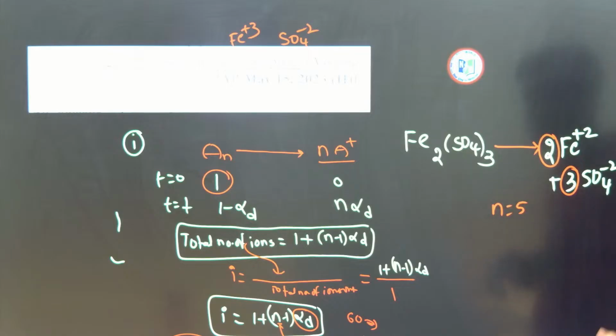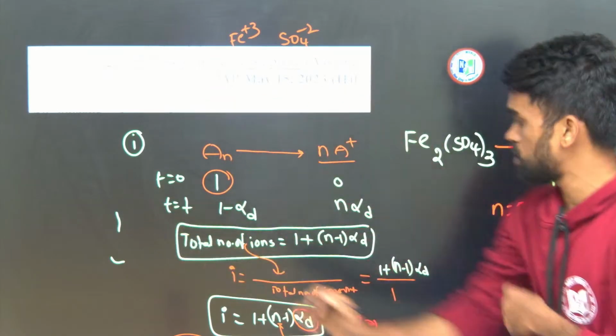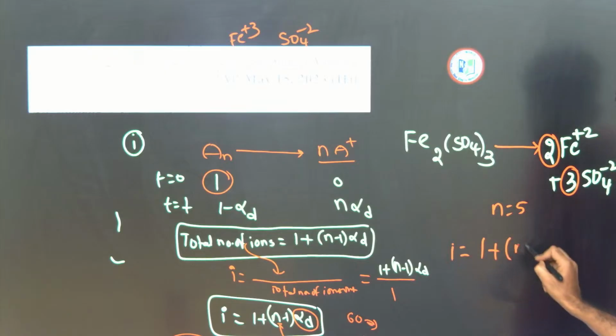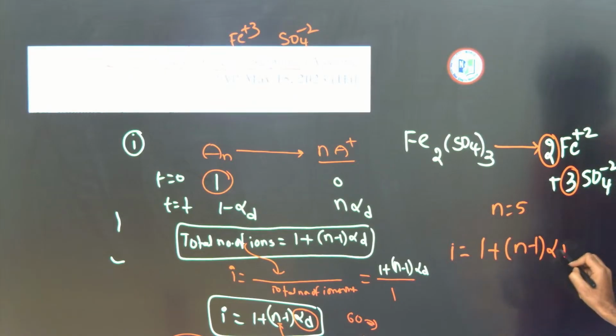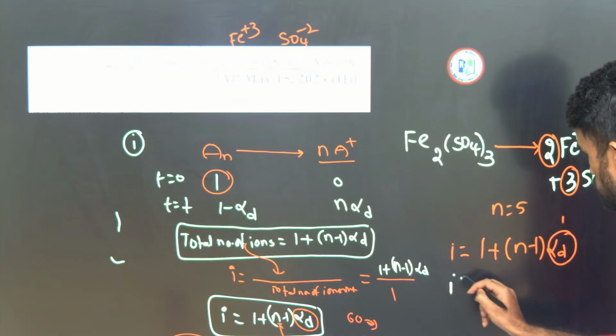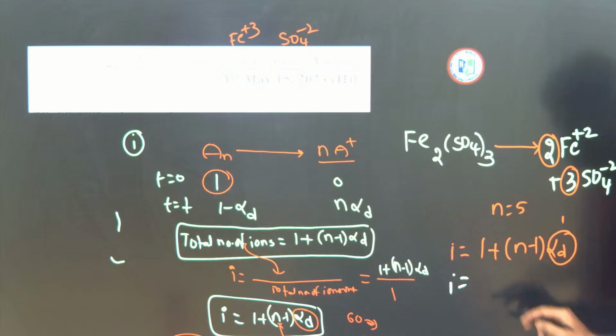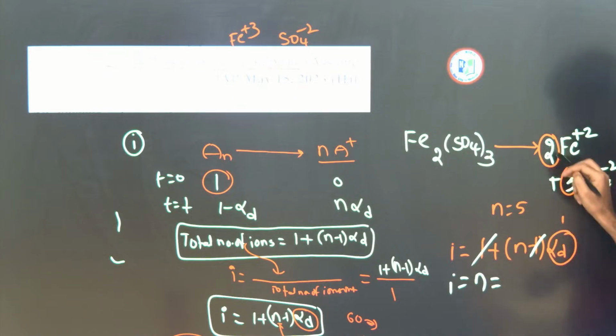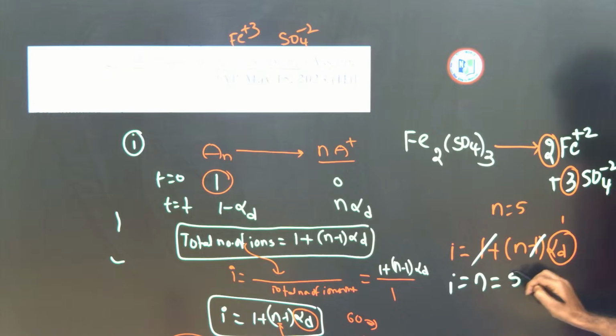So here you can see they mention 100% dissociation. It means i will be equal to 1 plus n minus 1 alpha d. The degree of dissociation alpha d is 100%, which means 1. So in this case, you check 1 plus n minus 1, minus 1 plus 1 is removed. So i will be equal to n. So i will be how much here? 2 plus 3, that is 5. That's it. This is how you can do it if it is 100% dissociation.